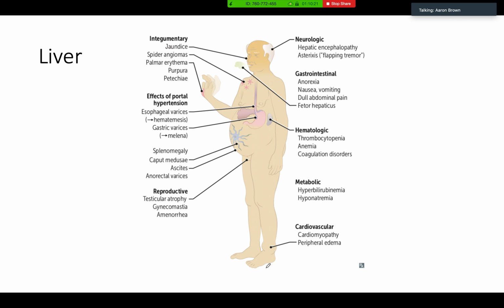For each of these things, this is from your first aid book, you should be able to draw a little line and write why your patient has that. And I don't mean you put a line here and you write cirrhosis, right? Okay, that's cheating. That's the easy one. What I want you to write there is that the ammonia is building up and causing encephalopathy, right?